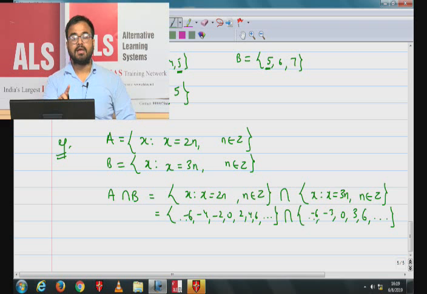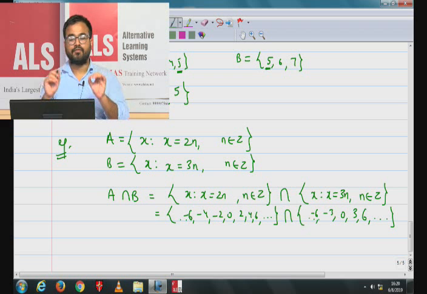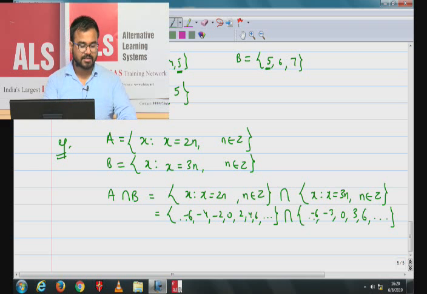So you can say 6 will be present in both the sets, then 12 will be present, then 18 will be present. Since all these numbers are divisible by both 2 and 3, we have to figure out those elements which are multiples of both 2 and 3. It means it has to be a multiple of the LCM of 2 and 3, and LCM of 2 and 3 is 6.